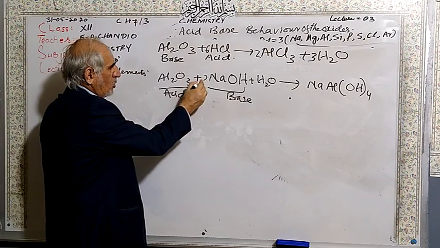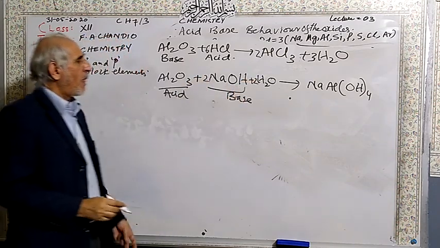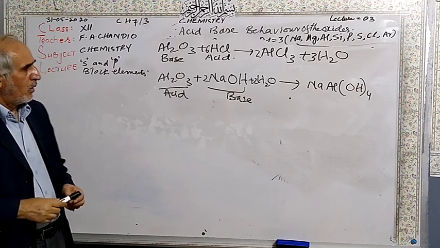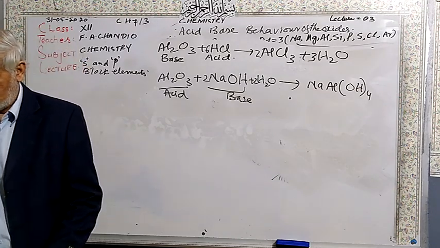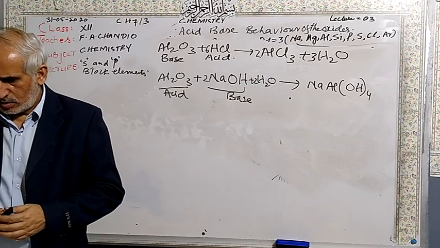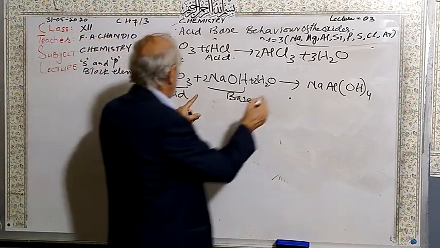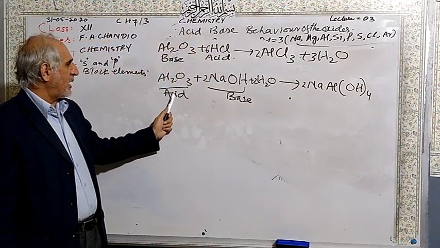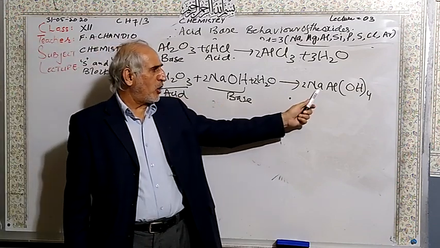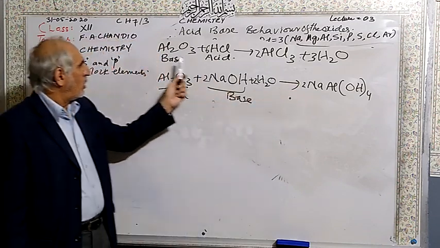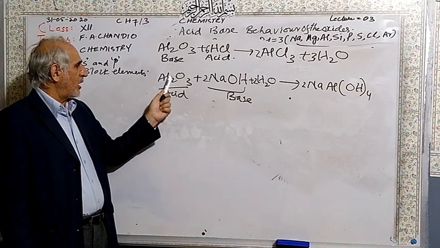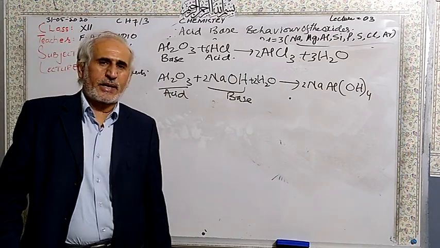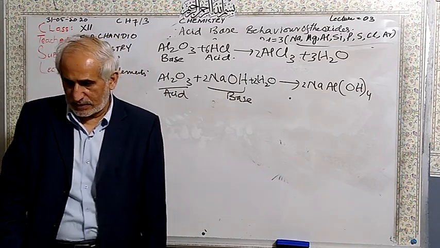So 2 and 2 are here, and 2 are here. So this is the acid and this is the base, and you will get complex sodium aluminate. So aluminum oxide acts as a base and aluminum oxide acts as an acid. So it means that it has both characters, acidic as well as basic nature.